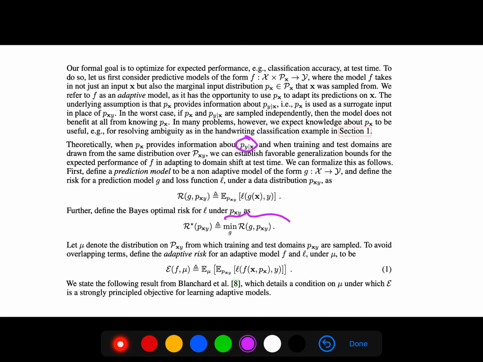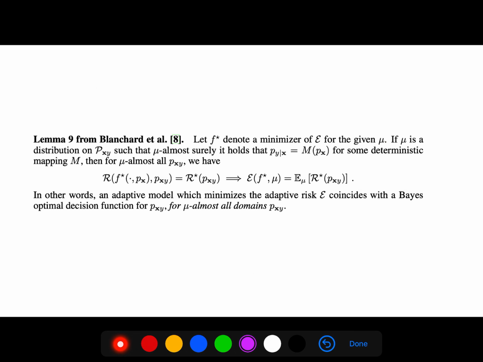Let mu denote the distribution from which training and test domains are sampled. To avoid overlapping terms, we define the adaptive risk for an adaptive model F and loss L: an expectation over mu, the distribution on P of x and y, and also an expectation over P of x, y.